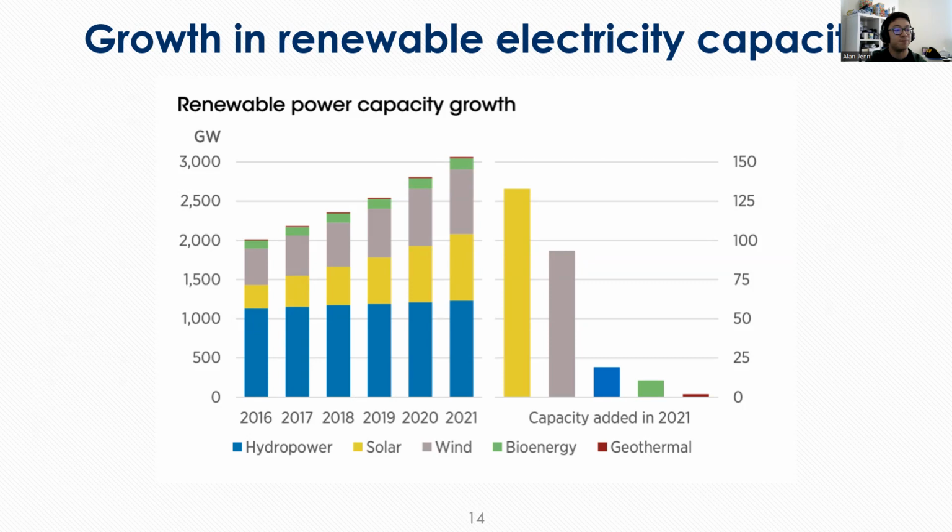Oh no, thousands of gigawatts. No, sorry, that would be worldwide. I thought that was megawatts. So this is a worldwide picture of the amount of renewable power. And just in 2021, you can see the amount of capacity that was added on the right-hand side. Most of that is actually solar and wind.